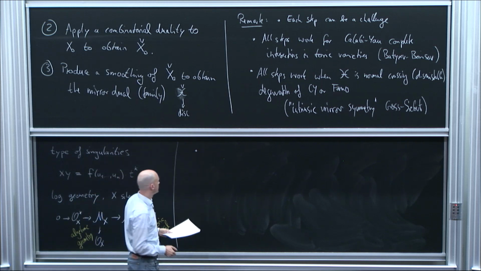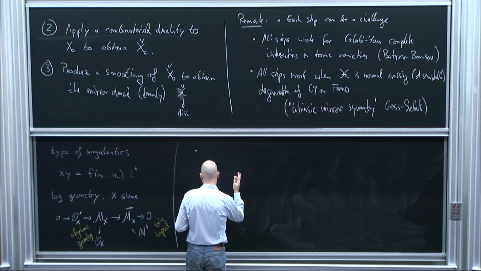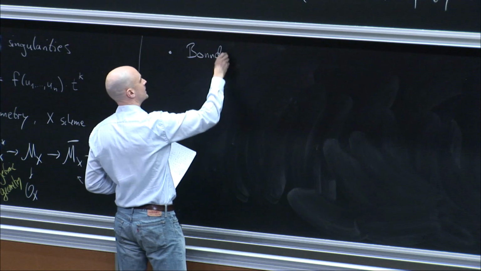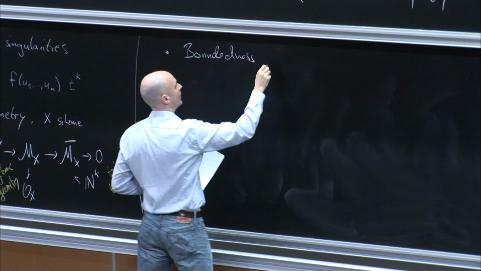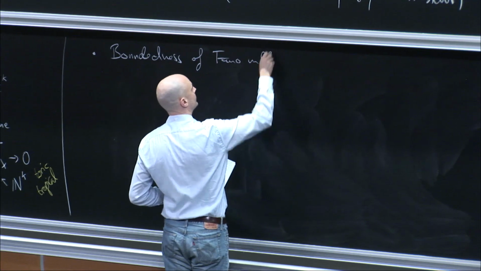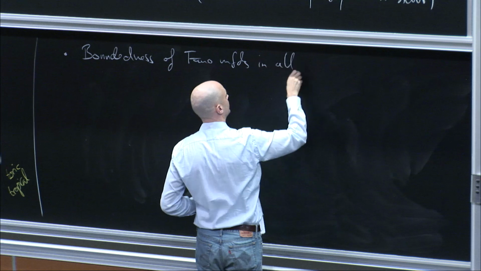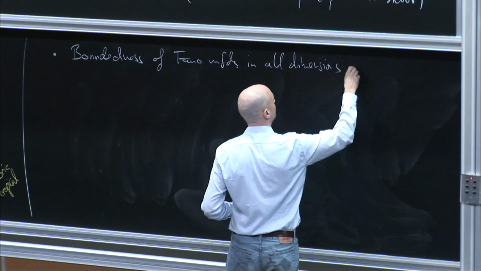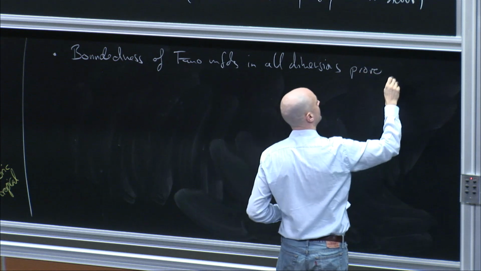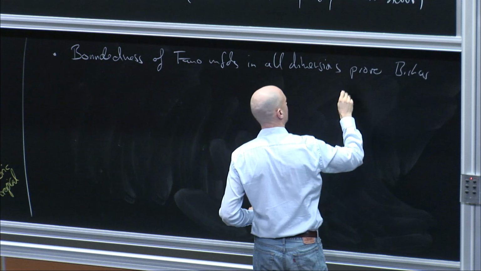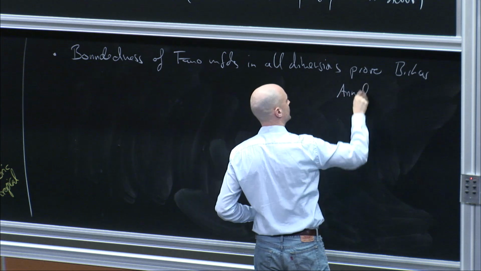But for Fanos, this has recently been solved, to some degree at least, that there are finitely many. So the boundedness of Fano manifolds in all dimensions was proved by Birkar. And that's very recent. It was published in Annals this year.